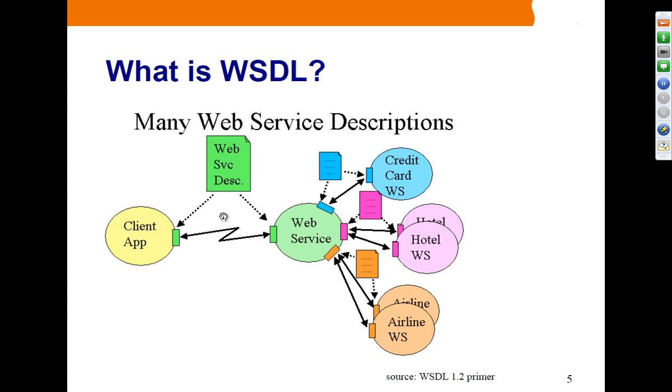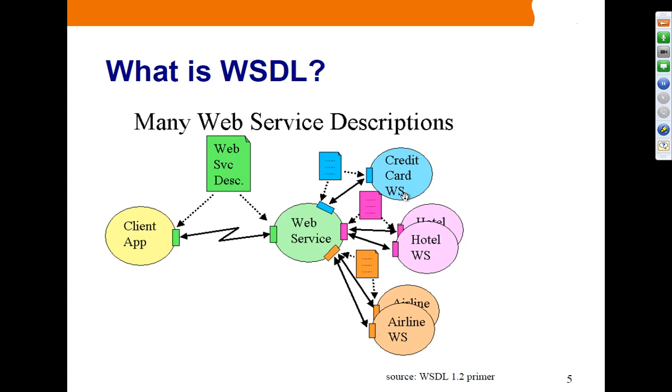That contract should specify what services are available, what makes up those services, and how to invoke those services. Everything needed by the client should be specified in the web services description language document. Okay, and this web service could actually be communicating with other web services.